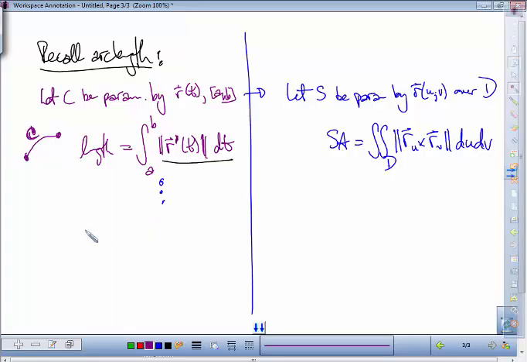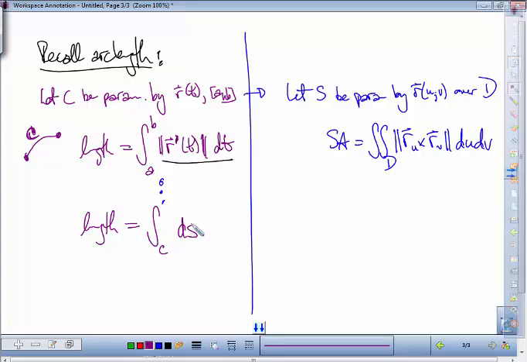We made this length into an integral over the curve C, d little s.